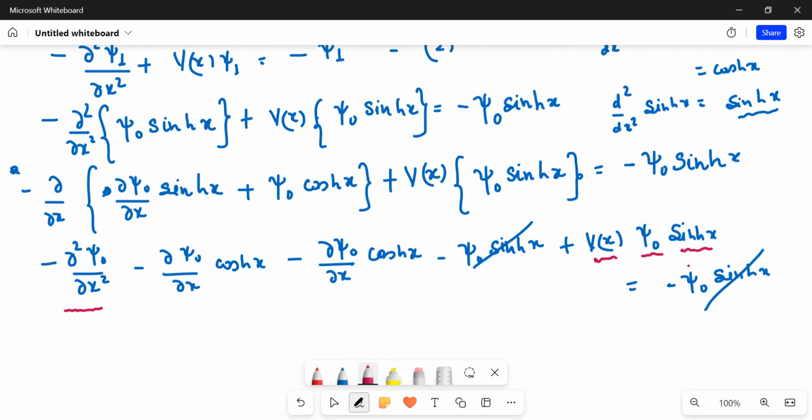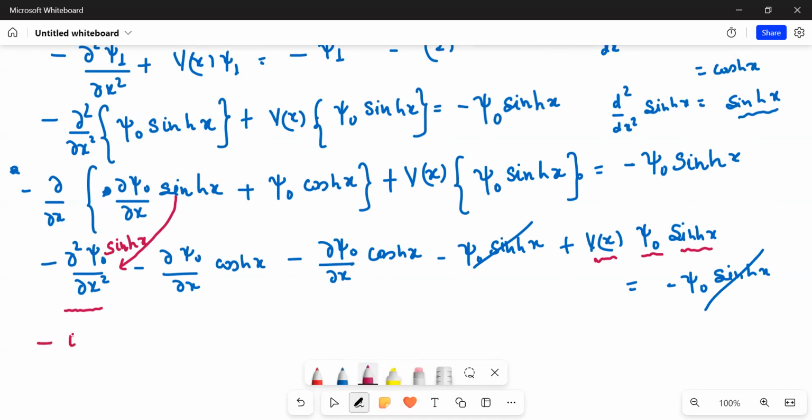Okay, sine hyperbolic x is also here. Some sine hyperbolic x must be here as well, right? I've forgotten to write this sine hyperbolic x here. So here will be sine hyperbolic x also. If I divide sine hyperbolic x throughout, what will I get?